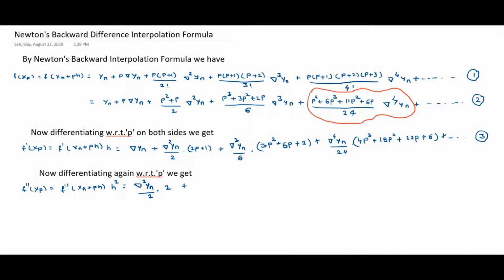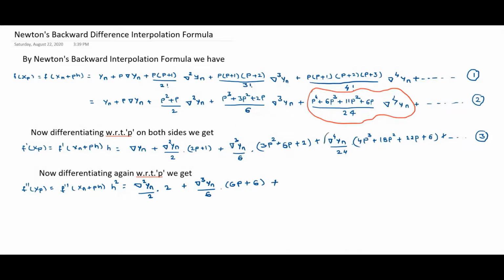Now from the third term, first I will write the constant term, so the constant term is del cube yn divided by 6. Differentiation of 3p square is 6p plus. Differentiation of 6p is 6 and differentiation of 2 is equal to 0 plus.